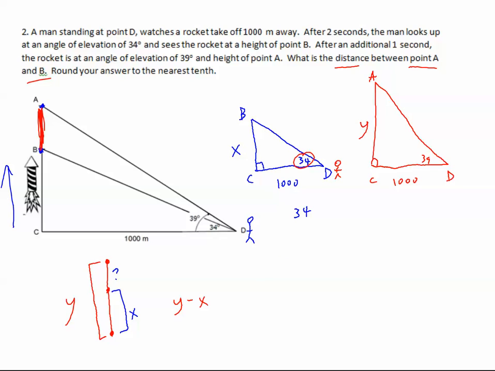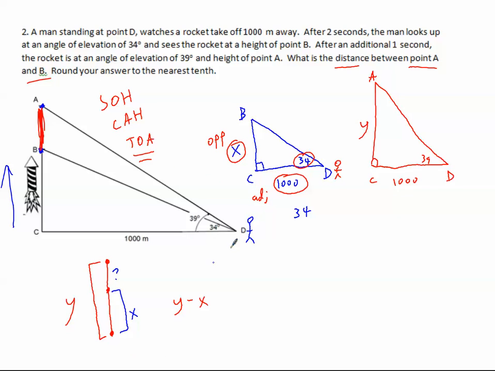We have been given a side right here and a side right here. We have the opposite side. We have the adjacent side. Because we have opposite and adjacent, we have to use the tangent.